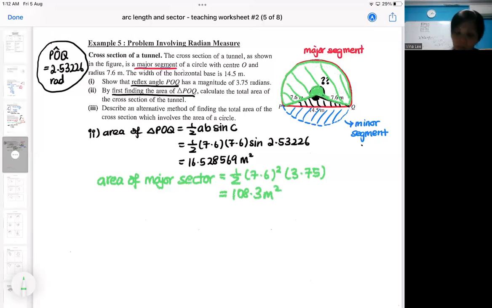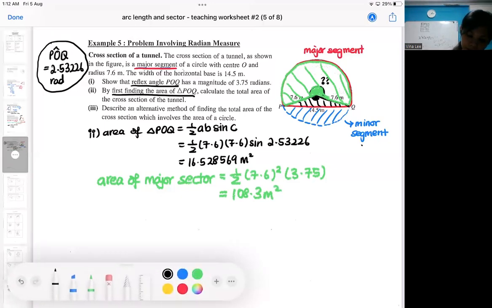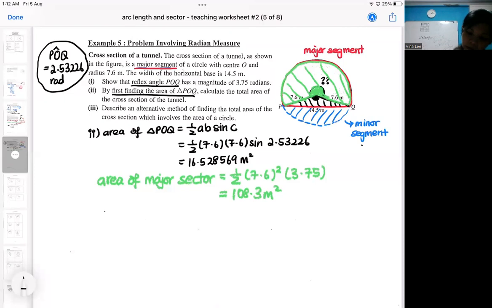So from here, I'm going to find my tunnel, the cross section of the tunnel, the total area of the cross section. So that will be the triangle plus the major pizza.